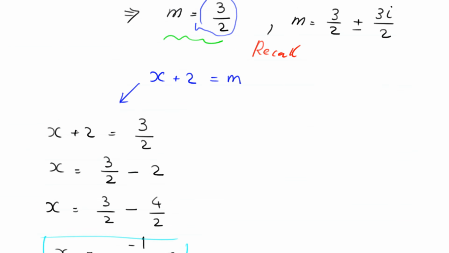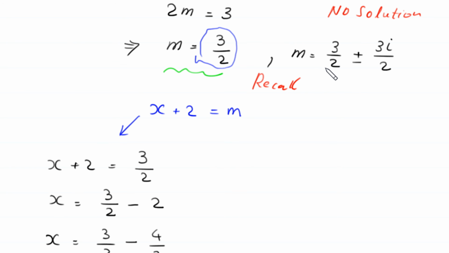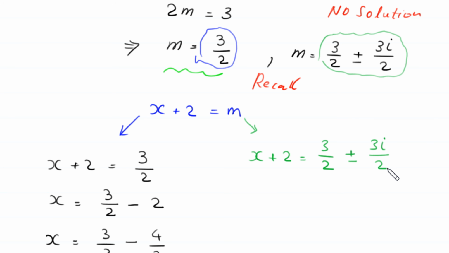Now when m is equal to 3/2 plus minus 3i/2, then this equation will become x plus 2 is equal to 3/2 plus minus 3i/2. We move this plus 2 to the right hand side, then x is equal to 3/2, this plus 2 will become negative 2, plus minus 3i/2.